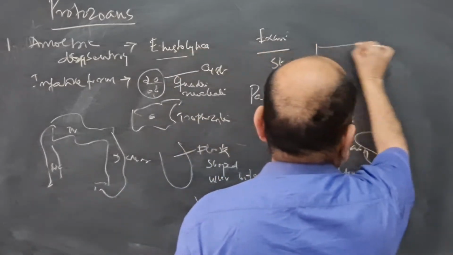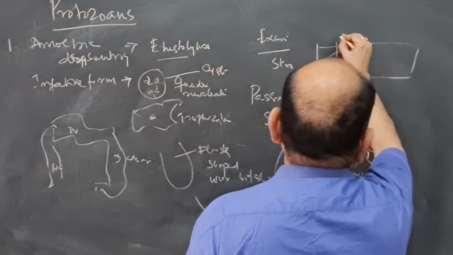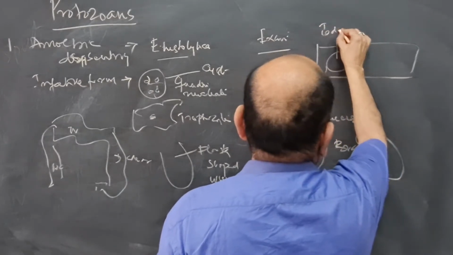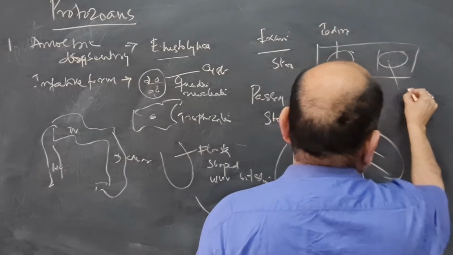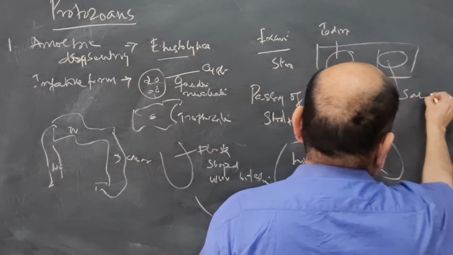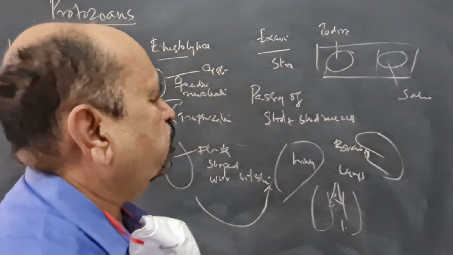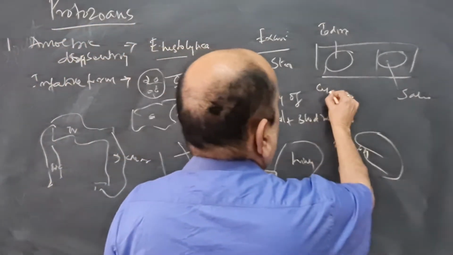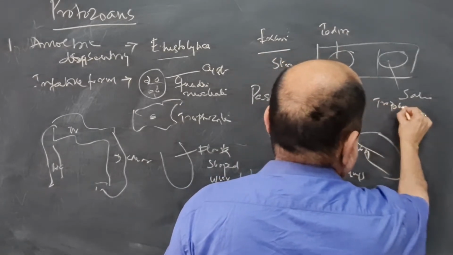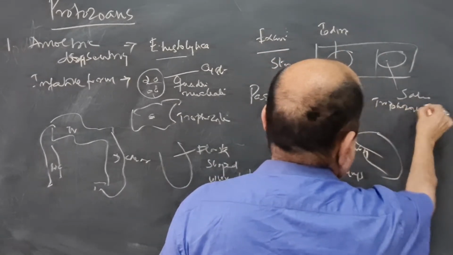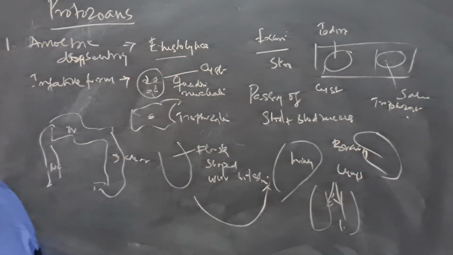Now, laboratory diagnosis is examination of stool. You make two preparations. In one you put iodine, and in the other saline, emulsifying the stool and putting the stain. Iodine is good for demonstration of cyst. Saline is for trophozoite.